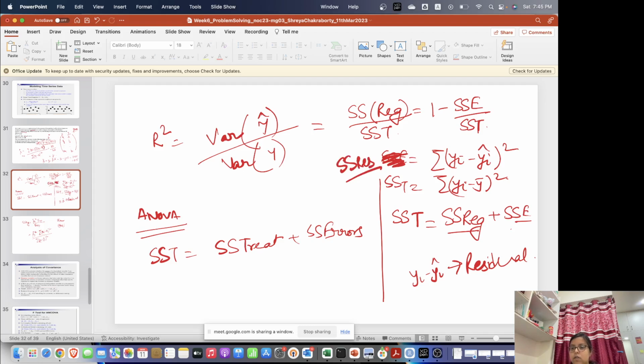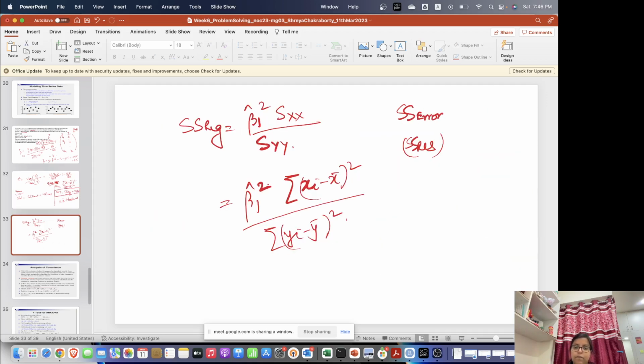Then the total sum of squares can be split into sum of squares due to regression plus sum of squares due to residuals. As I was saying, sum of squares due to residuals can be written as sum of squares total minus beta 1 hat square summation xi minus x bar whole square divided by summation yi minus y bar whole square.